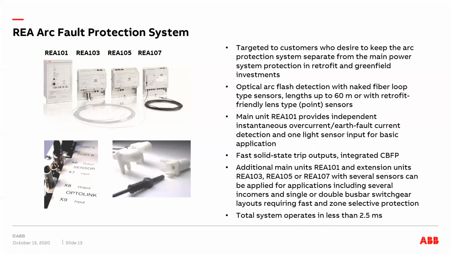And in the next slides, I will go through briefly all of those. And the REA arc fault protection system is targeted to customers who desire to keep the protection system separate from the main power system protection, and that is the normal protection relays. And it can be used in retrofit and greenfield investments.